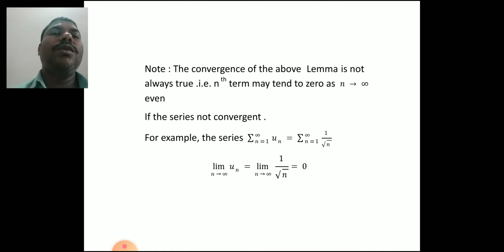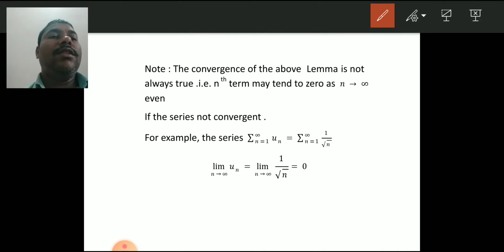Here we have one note. The converse of the above lemma is not always true. That is, the nth term may tend to 0 as n tends to infinity, even if the series is not convergent. For example, the series summation n equals 1 to infinity un is equal to summation n equals 1 to infinity 1 by root n.